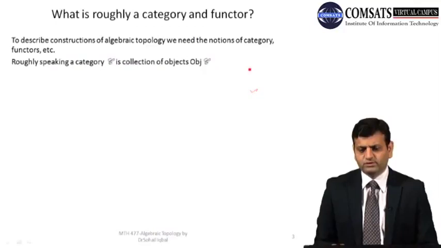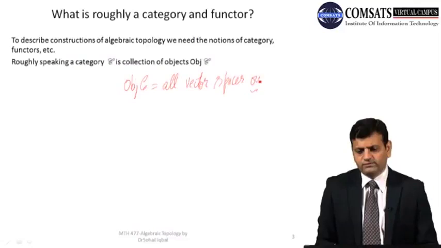For example, it could be the collection of all vector spaces. So objects of a category could be all vector spaces over the field F. Similarly, we can study the category whose objects are abelian groups, all abelian groups.